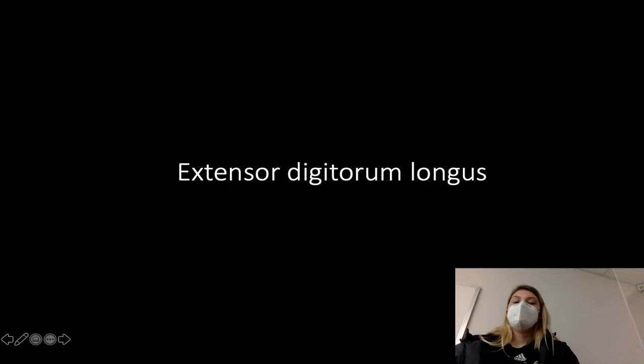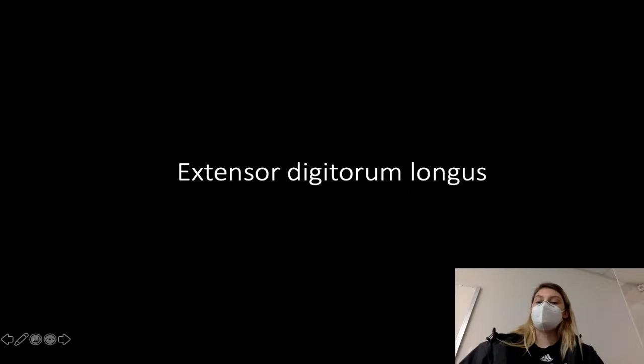Correct. Extensor digitorum longus. So you know it's going to be digitorum longus because it's going to toes 2 through 5. Then you just need to figure out, is it an extensor or a flexor? If you extend your toes, they're coming up towards the dorsum of your foot. You wouldn't have something on the bottom of your foot extending your toes. So the bottom would be flexion, top would be extension. Extensor digitorum longus.